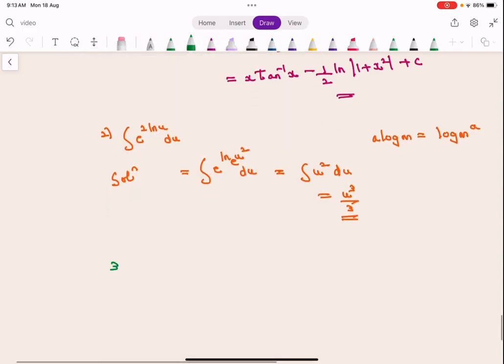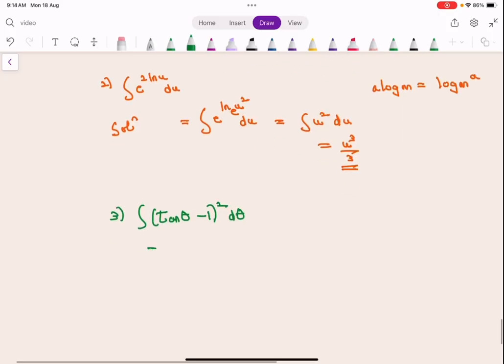Evaluate integral tan theta minus 1 the whole squared d theta. So this would be integral of a minus b the whole squared: tan squared theta plus 1 minus 2 tan theta d theta. a minus b the whole squared is a squared minus 2ab plus b squared.